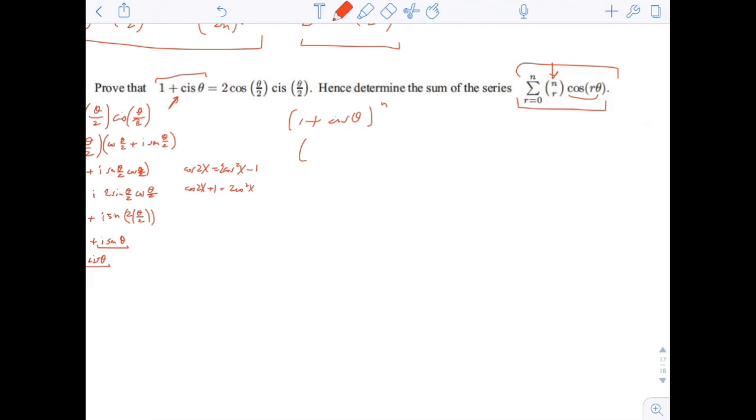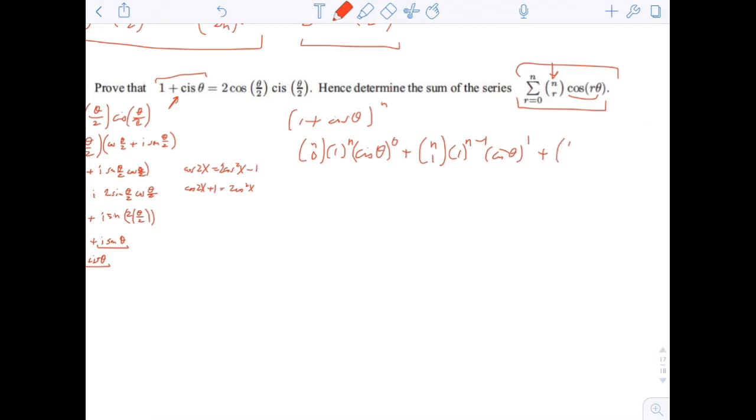So then we'll get Pascal's triangle coefficient, and we'll get 1 to the nth, and we'll get cis theta to the 0, and then we'll get n choose 1, 1 to the n minus 1, and then we'll get cis theta to the 1.